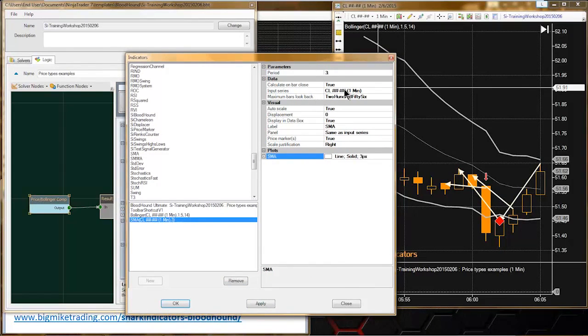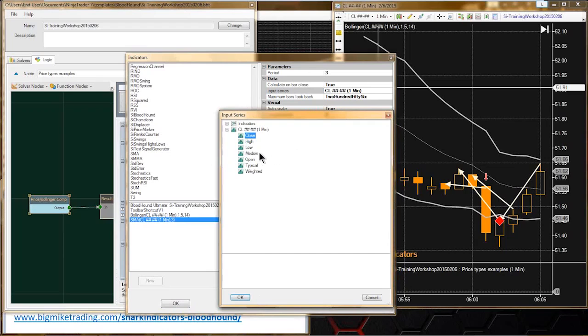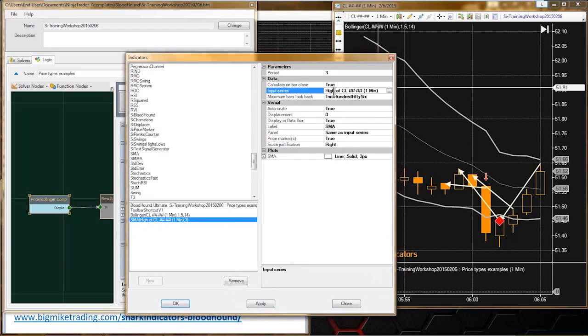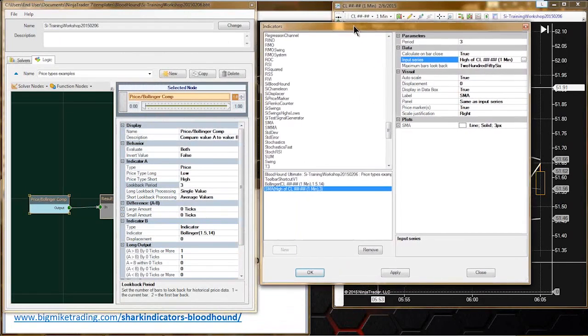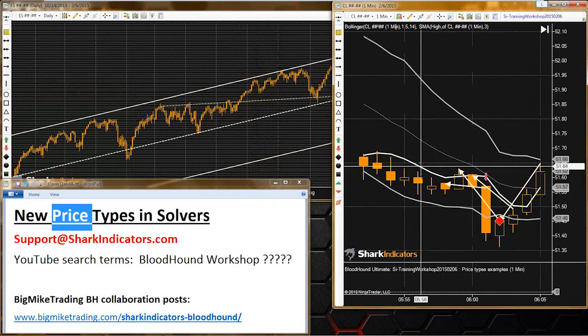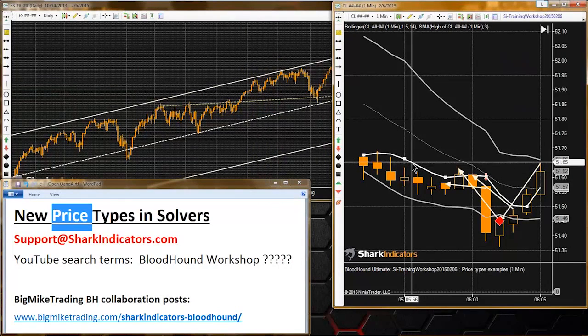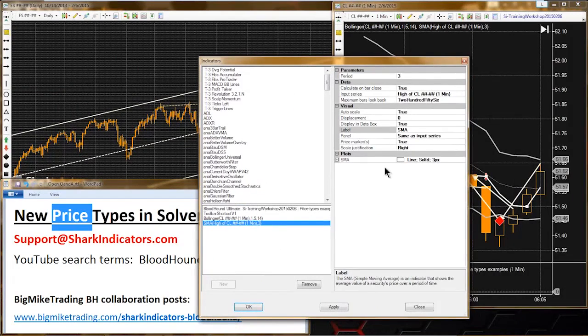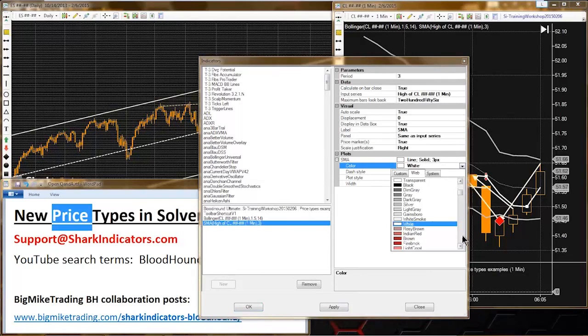And I also need to change the input series to high. Right? So we're feeding the high price into the SMA, and that essentially is what this average value is doing. So if I hit OK, there's our SMA, and let me change the color on here actually, so it looks a little different from the Bollinger Bands.